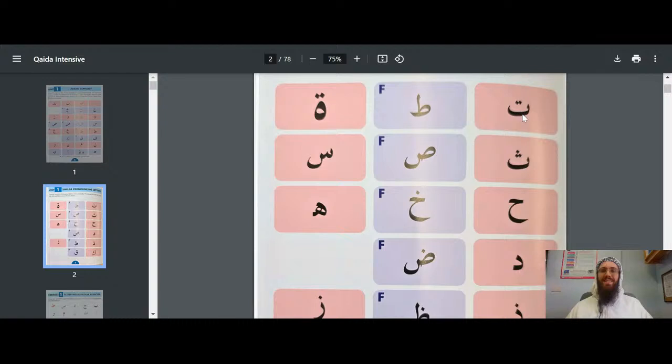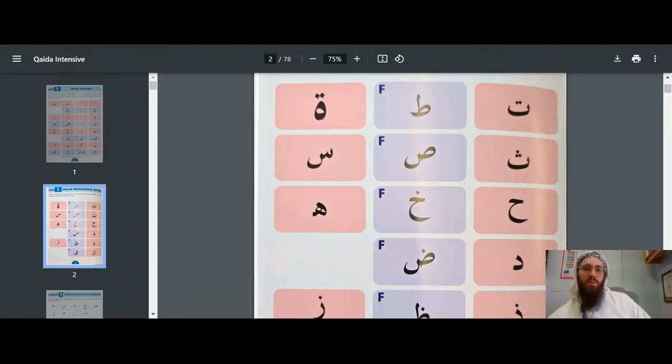It's flat. Ta. This is round. So make your mouth round like an O, instead of going ta like you're smiling. Flat letters, it's a ta. Very simple. That's the difference. It's going to take practice.